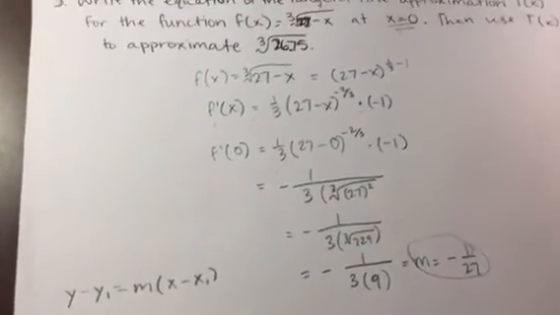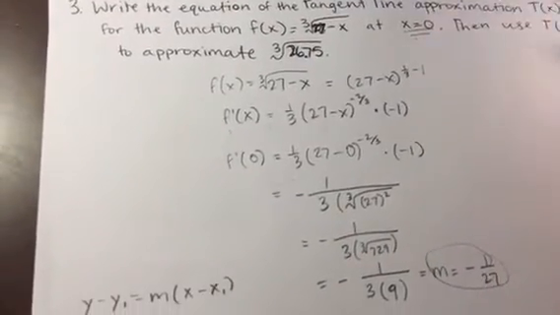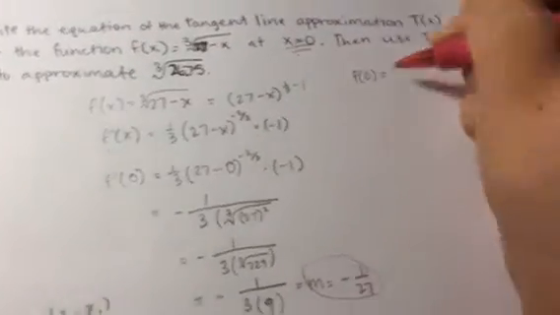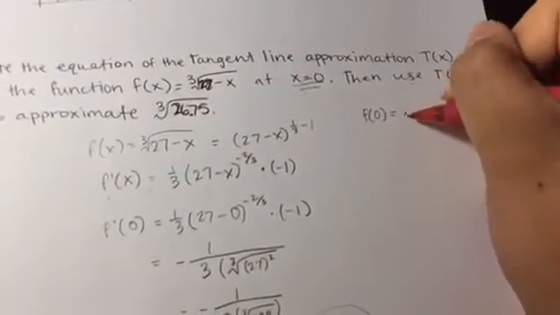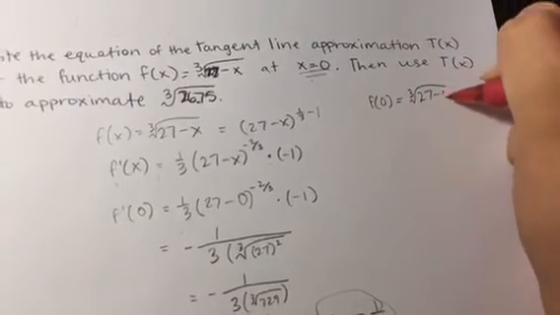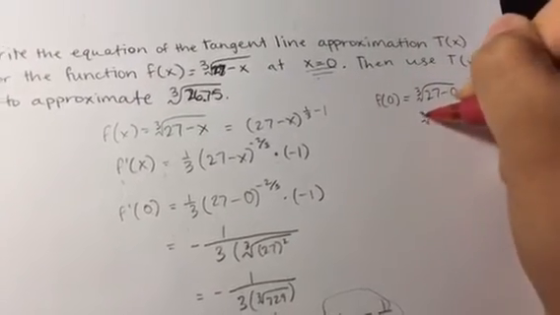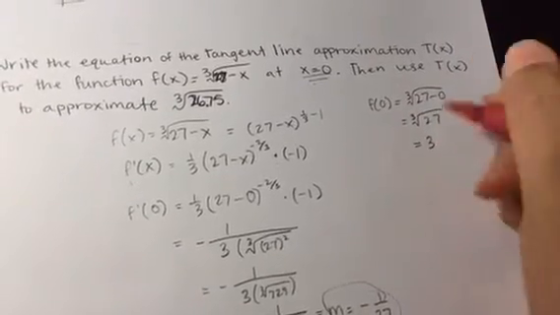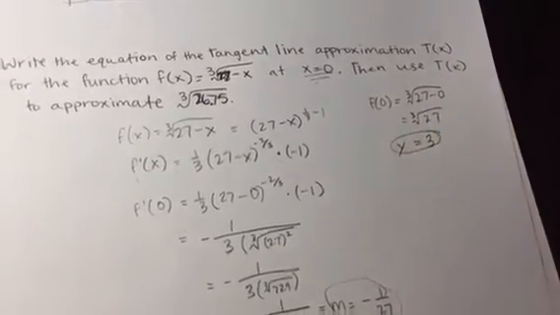To find it, you take this x value and plug it back into the original equation. So f of 0 equals the cube root of 27 minus 0, which equals 3. So now you have y equals 3.